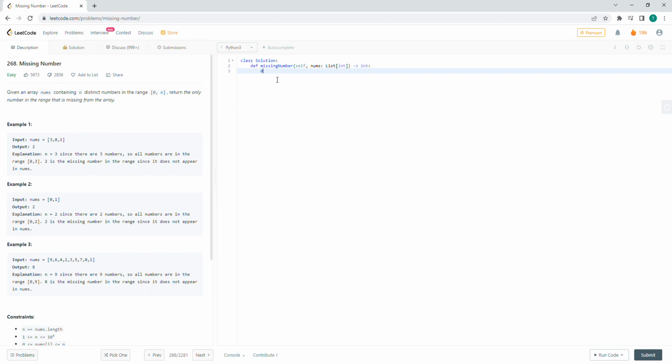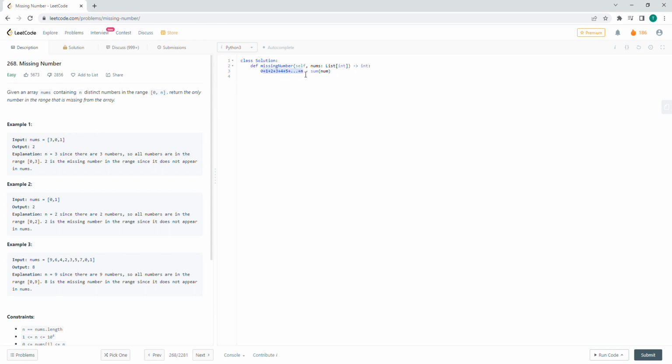say you have something like 0 plus 1 plus 2 plus 3 plus 4 plus 5 plus n. If we know the sum and we were to minus it from the sum of the numbers that we have, then ideally we would find the number that we're missing, right?